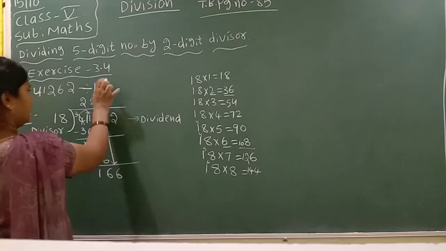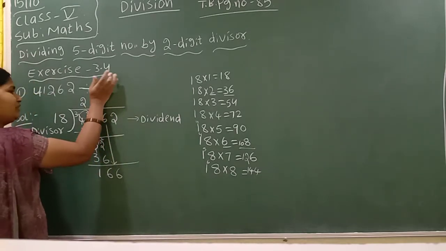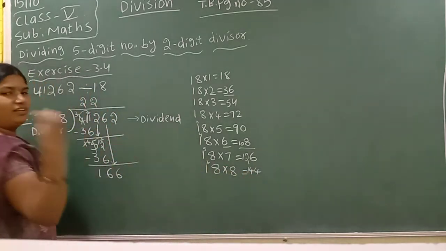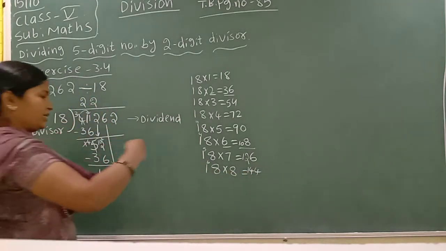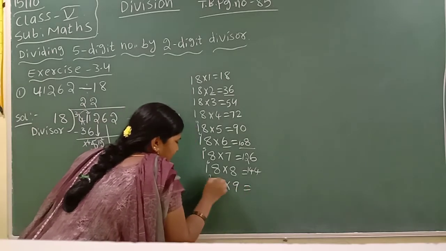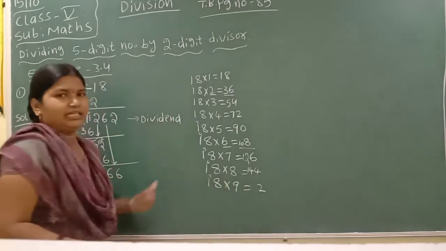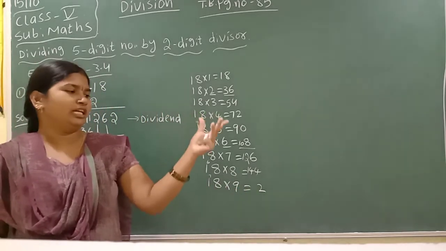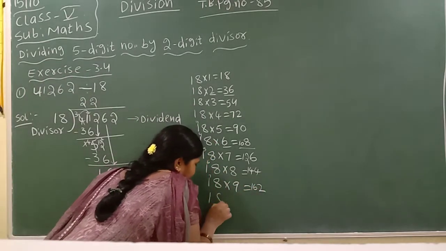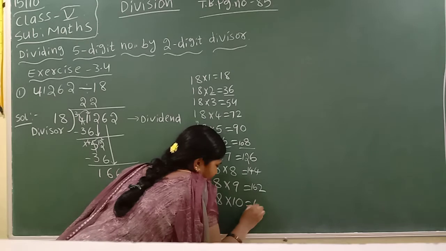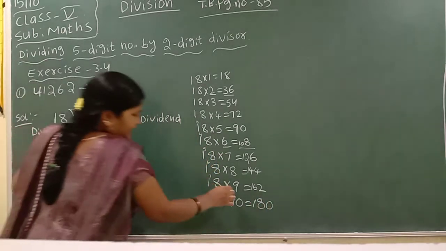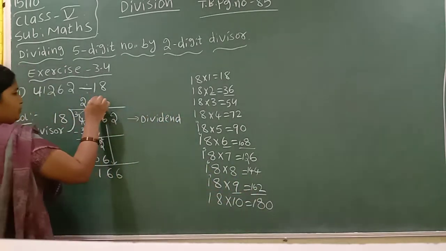Compare these numbers, which is the smaller number, children? 166 or 144? 144 only is the smaller number. Again you have to write down 18 nines: 9 8s are 72, 9 ones are 9, 9 plus 7 is 16, so 162. 18 tens are 180.